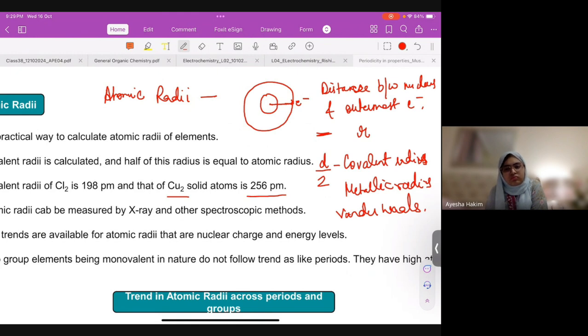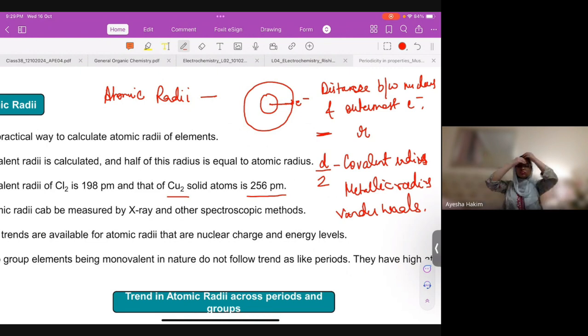Okay, so why do I have to study atomic radii as a periodicity? Because you are telling me that atomic radii is the distance between the nucleus and the outermost electron. So the electron is coming into the picture.